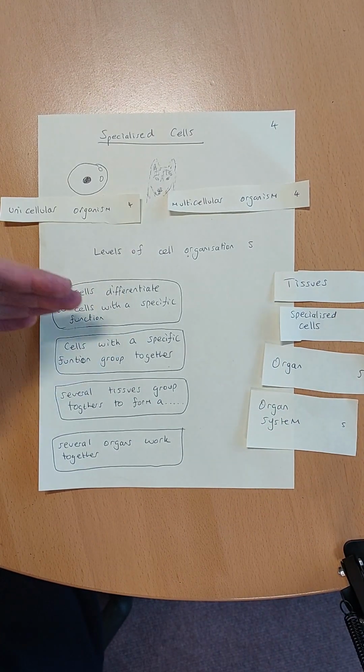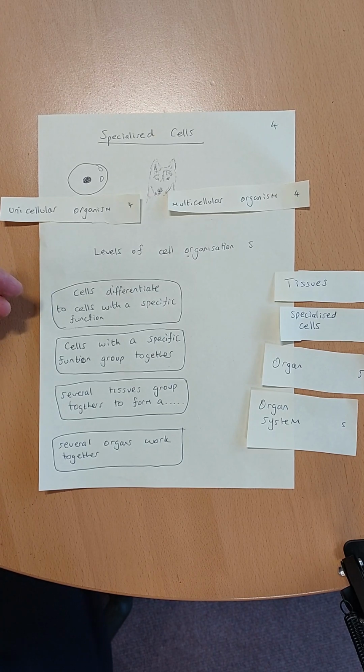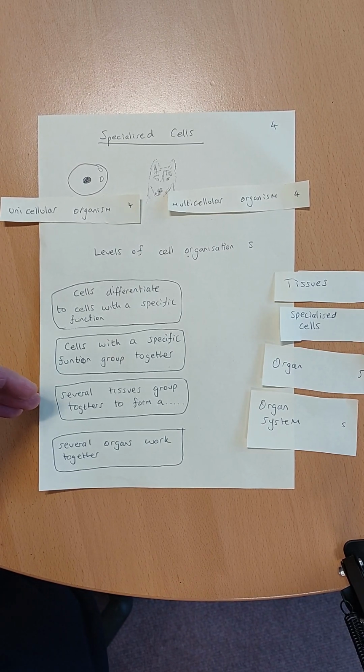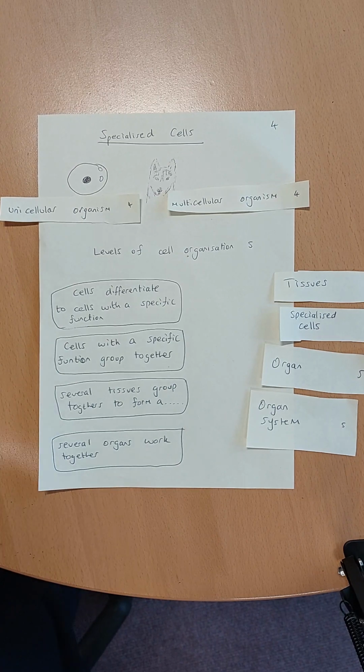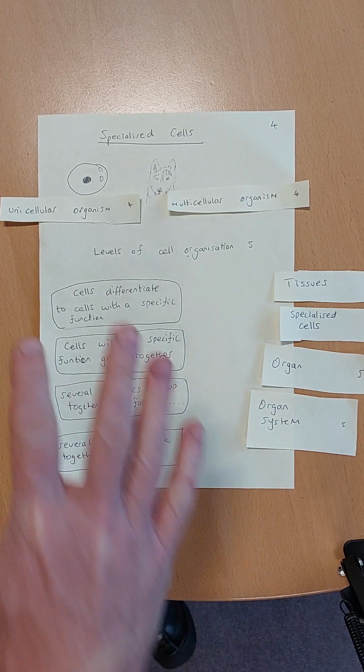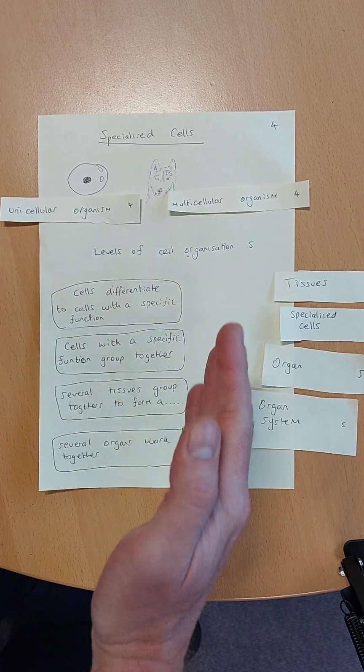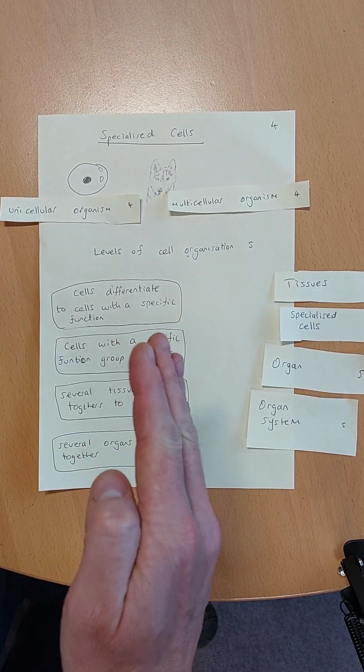So these are the levels of organization. Cells differentiate to cells with a specific function. Cells with a specific function group together. Several tissues group together to form something, and several organs work together. So, right, first of all, cells differentiate.